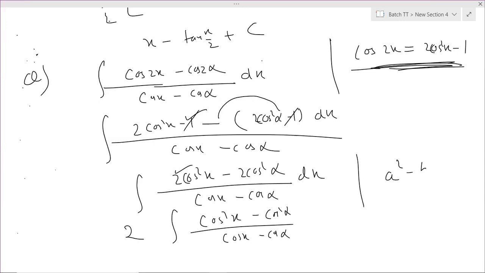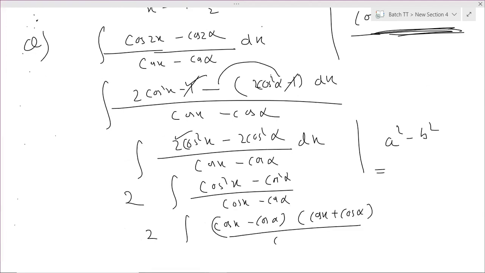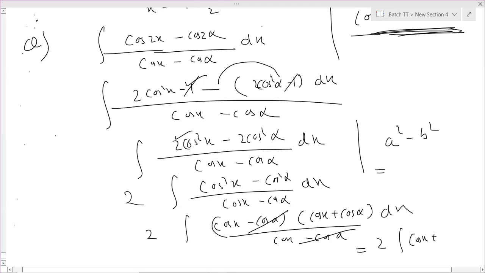Can anybody tell me what is the formula of a square minus b square? A minus b, a plus b. Absolutely. So we can apply this here. So this is 2 integration of cos x minus cos alpha times cos x plus cos alpha, whole divided by cos x minus cos alpha. Cancelling this out. So the final integration is 2 integration of cos x plus cos alpha dx.